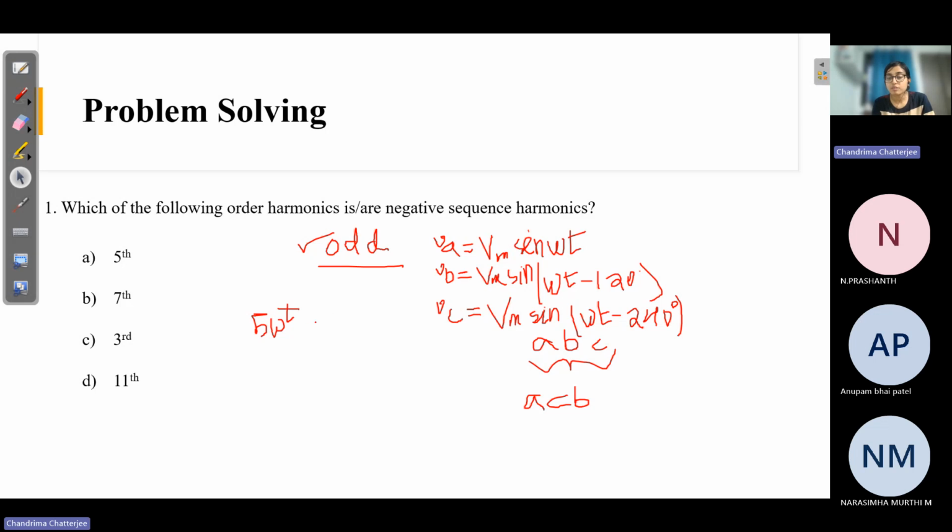And then for VB, what will be 120 degree into 5 multiplied by 5. That gives us 600. Okay, so this is 600. This is minus 600.